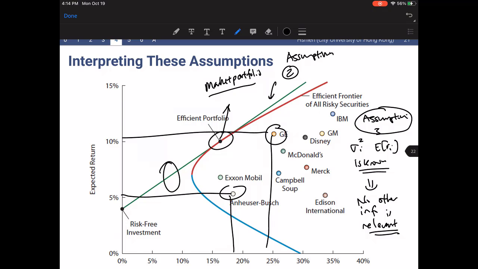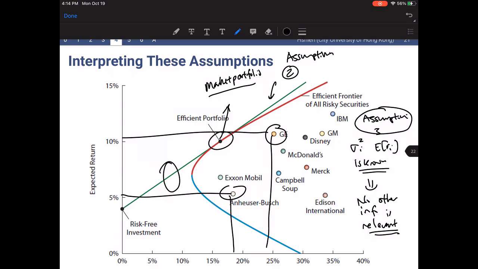If everyone has the same belief structure, everyone's allowed to formulate portfolios, and everybody knows all the information about every risky stock out there. If that's the case, and they're also allowed to hold the riskless asset, then everybody wants to hold some portfolio along the green line. And that green line is going to only intersect the frontier of risky assets at one point.